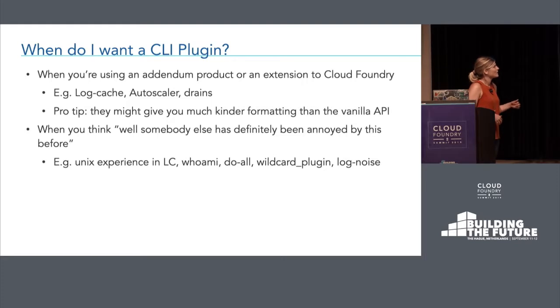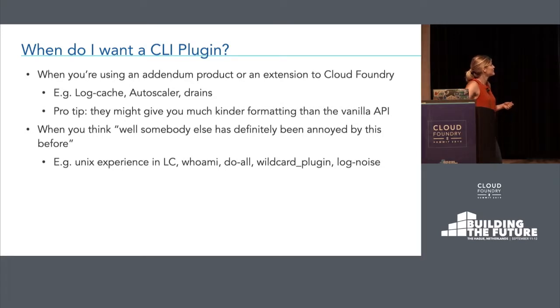So in what scenarios would I want a CLI plugin? Well, first, when you're using any kind of addendum product to Cloud Foundry, any kind of product that might be new to the platform and you want to leverage, or you heard about a cool feature here, and maybe those features aren't already in the standard CLI release.